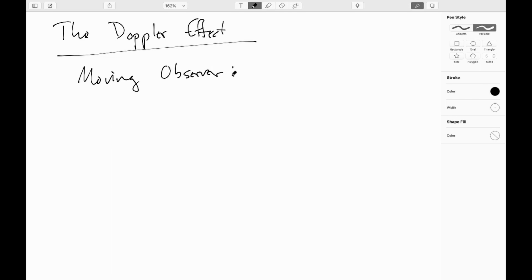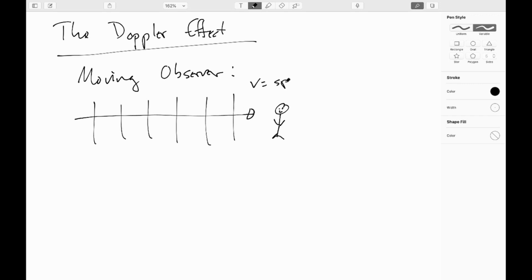So what's going on there is that, let's say you're just standing here. We'll think about you moving in a bit, but first we'll just say you're standing here. All these waves are heading at you at the speed of sound, which we'll say is v here.